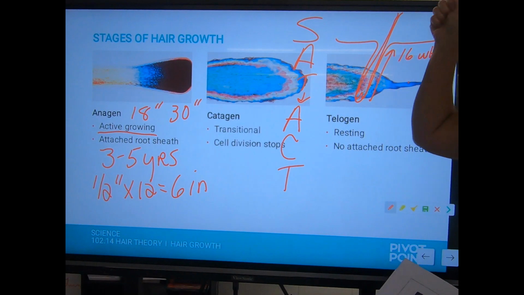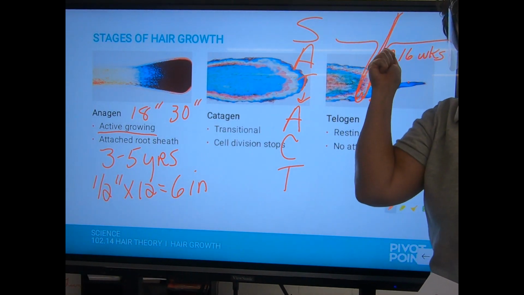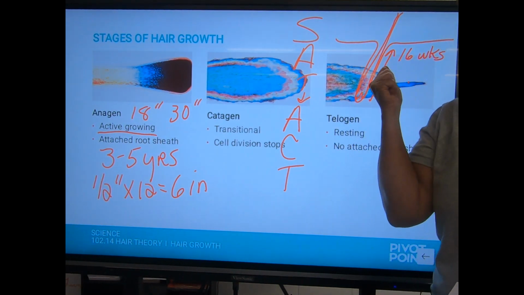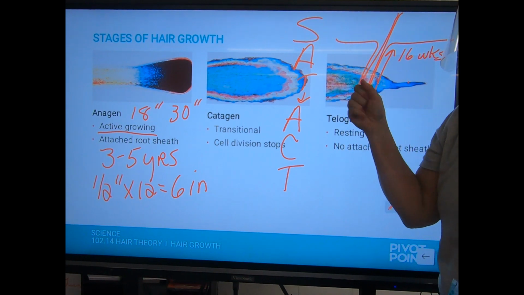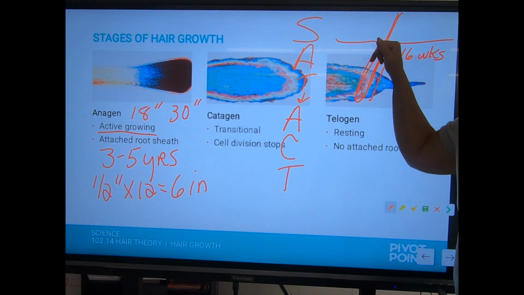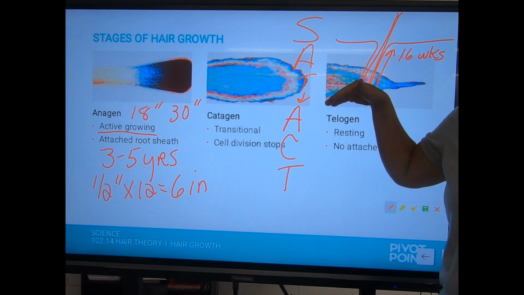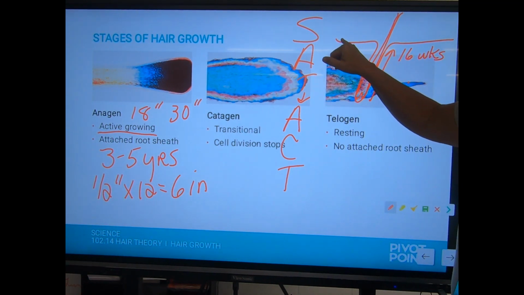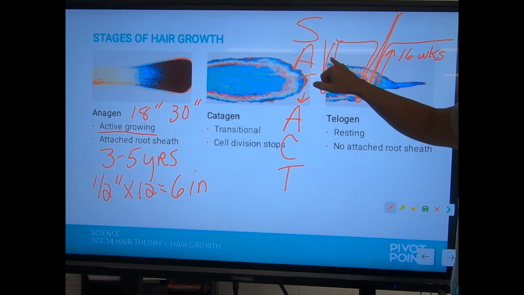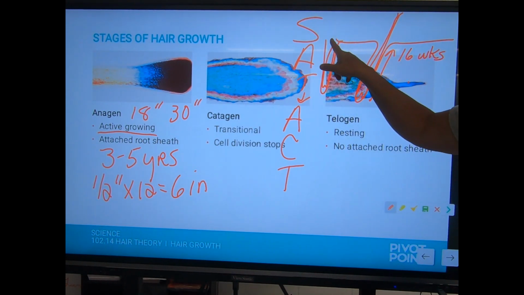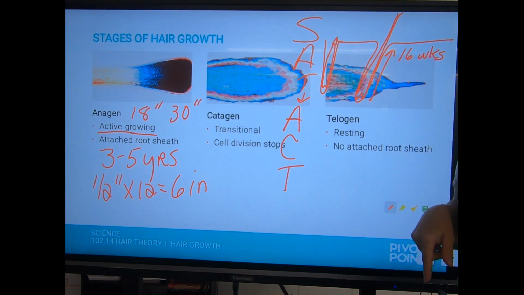So when you pull it out, whether you pull it out of your eyebrow, whatever, if you wax, it's going to take 16 weeks till it gets to the surface. The problem though is, say you go and get your legs waxed, okay? Who's to say that over here there isn't a hair that's looking like this, and you get it waxed today and tomorrow it pokes its head up?